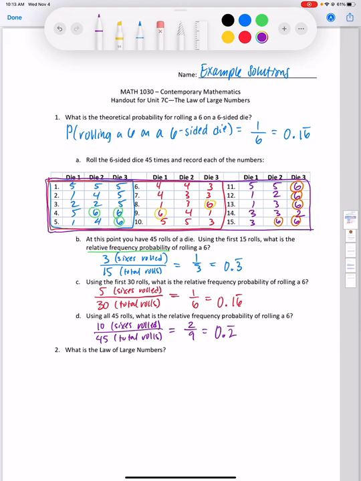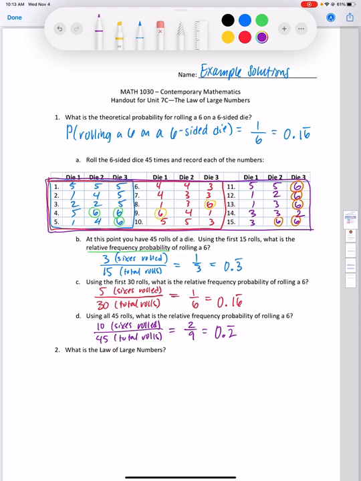So notice that as we do more rolls, the relative frequency probability will hover above and below the theoretical probability. If we do more rolls, we'll probably have fewer 6s in our recording, and then we'll go down a little bit.